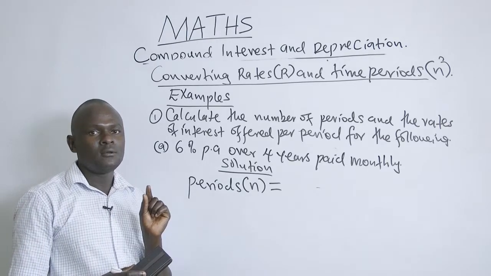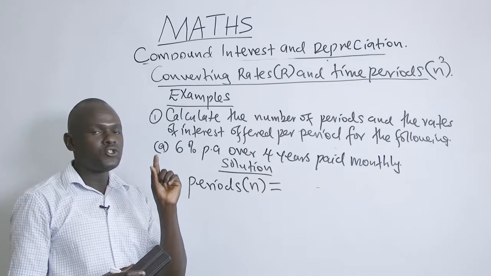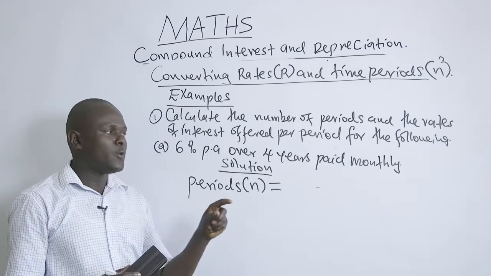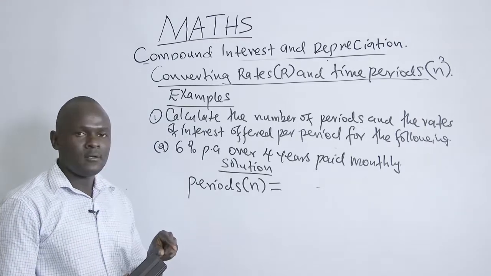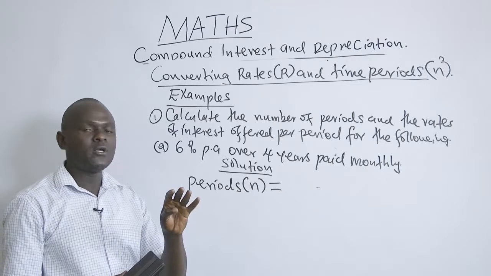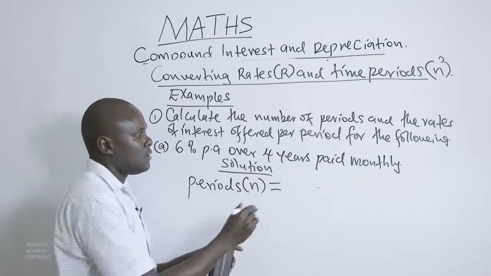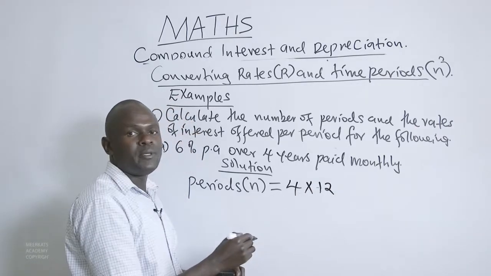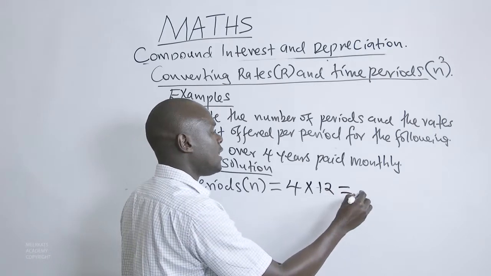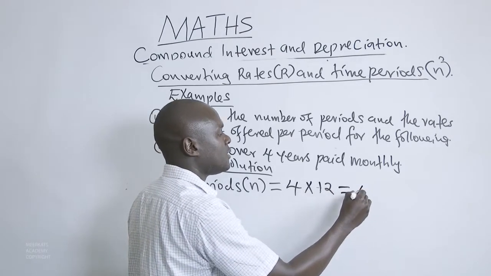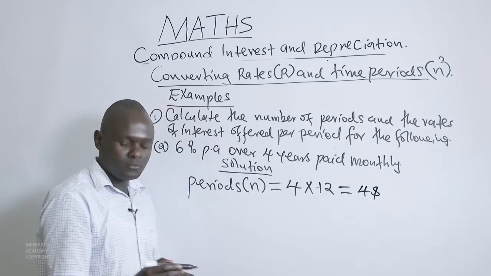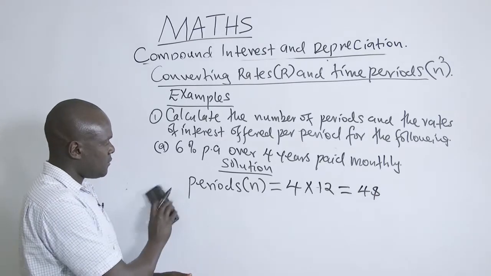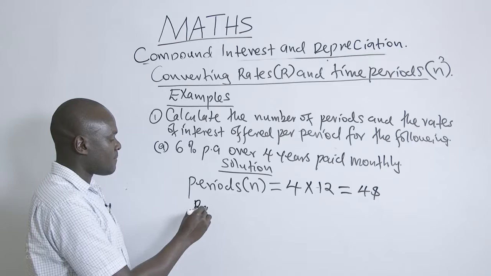If 1 year has 12 months, it means we are going to have 12 periods within a year. But in this case, we are provided with a duration of 4 years. These are 4 years, and each year has 12 periods. So how many periods are we going to have? This will be 4 times 12, giving us 48 periods. Let us now look at the rates.